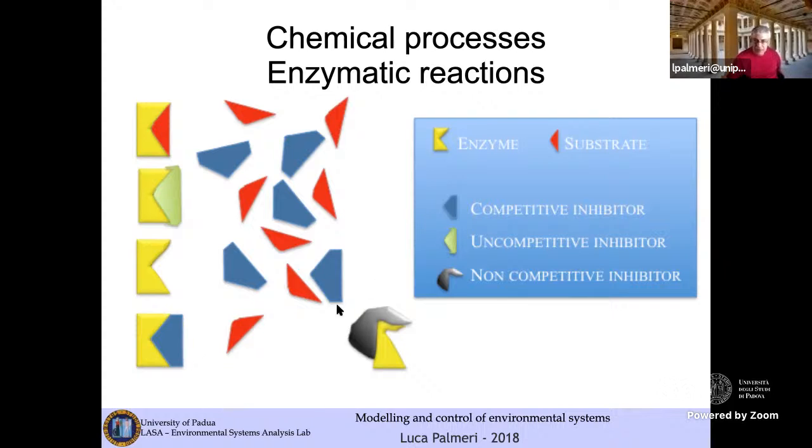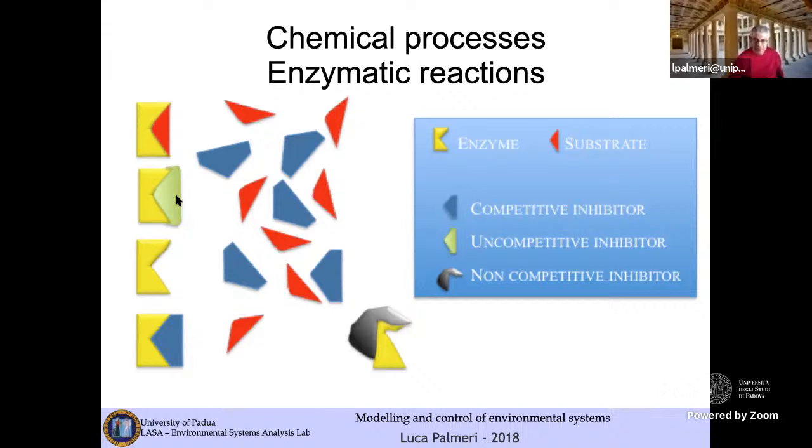While in the case of uncompetitive inhibitors, this chemical bonding is not reversible, so that essentially what you obtain is a reduction of the available enzymes, but a permanent reduction.